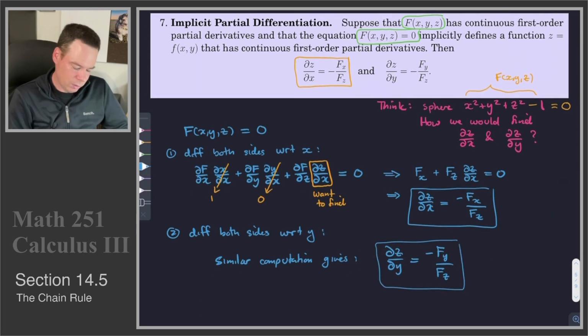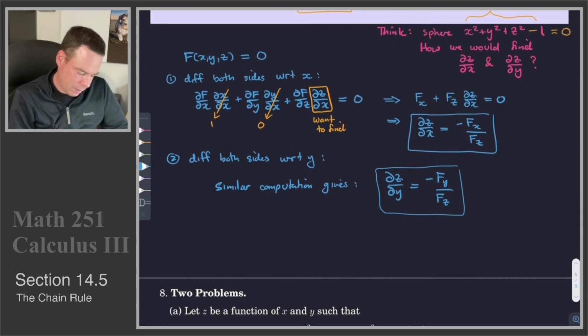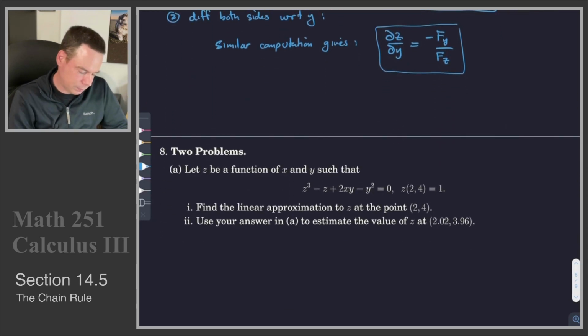Alright, so that's implicit partial differentiation. We can think of it in terms of that big function involving x's and y's and z's. And then we can work out the corresponding partial derivatives of z with respect to x and y using the partial derivatives of that big function, capital F. Let's look at an example of how we're actually going to use this.